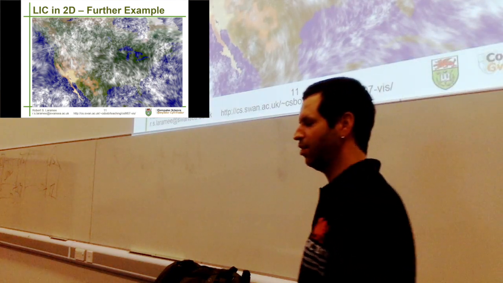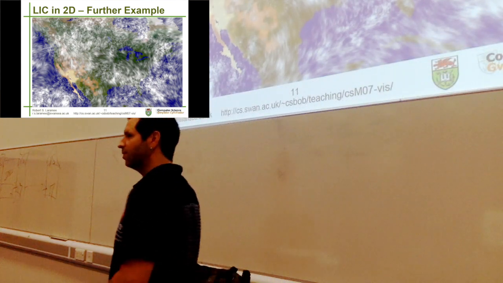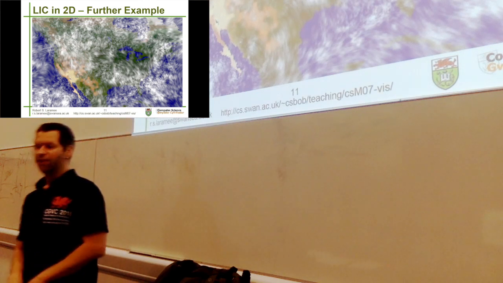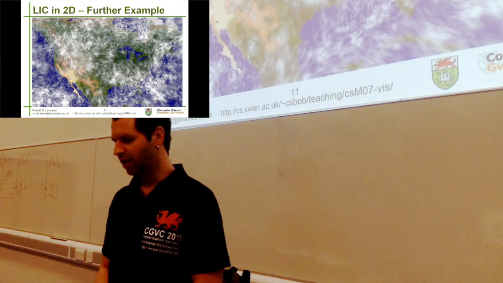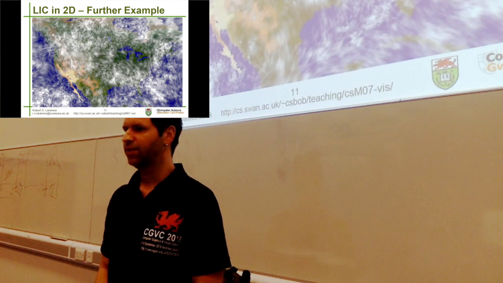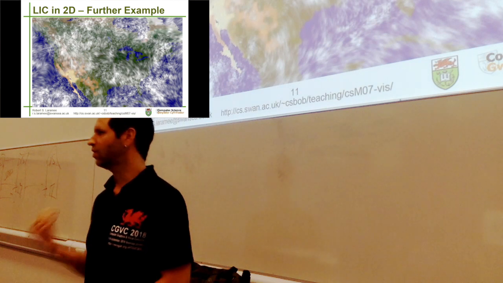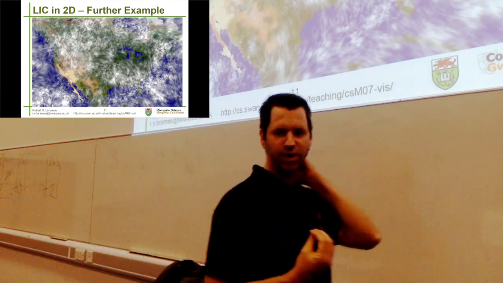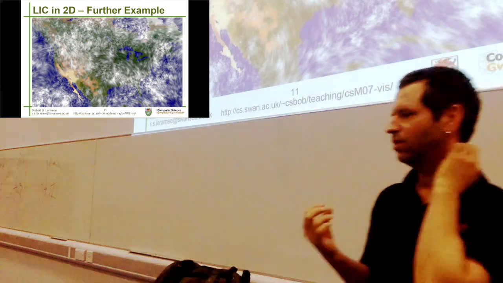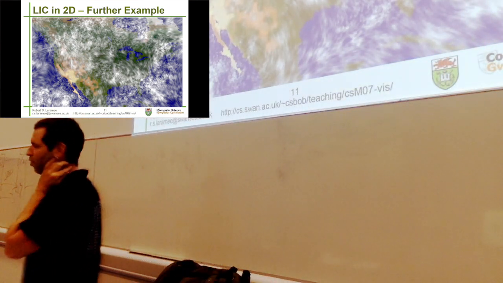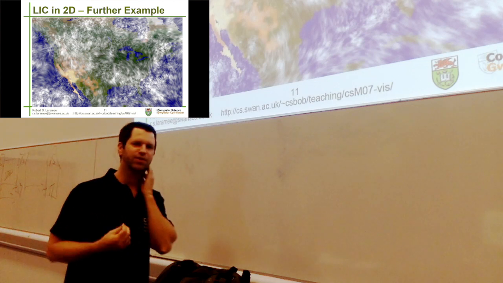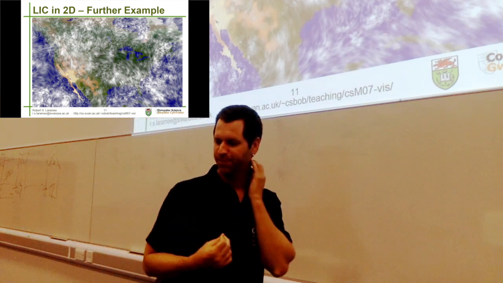You can assign an opacity to every pixel, or every texel rather. In this example, the texels are fully transparent when the velocity magnitude is low. That's usually the way it works in these examples. The lower the velocity magnitude is, the more transparent the texels are.